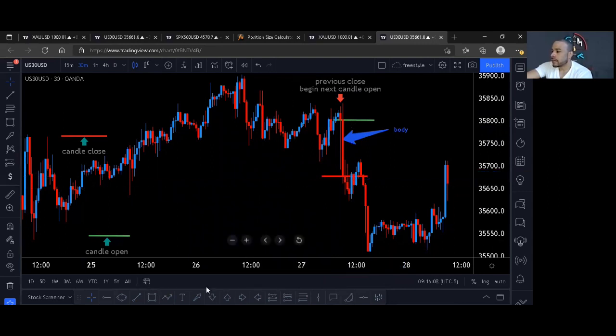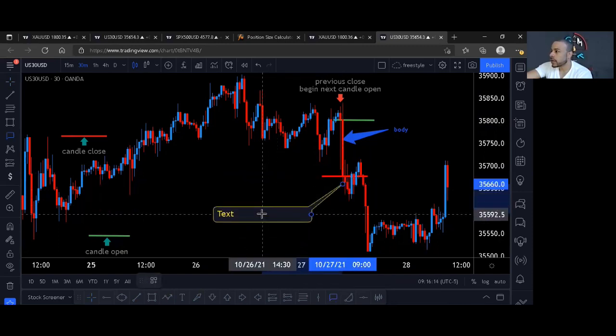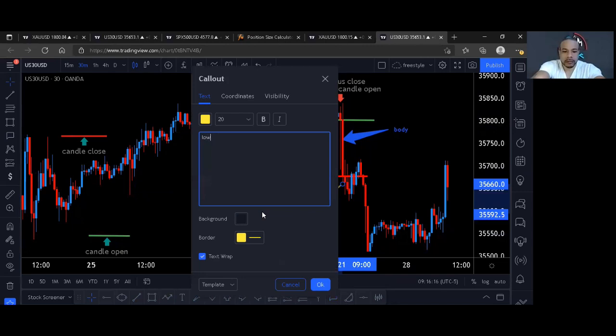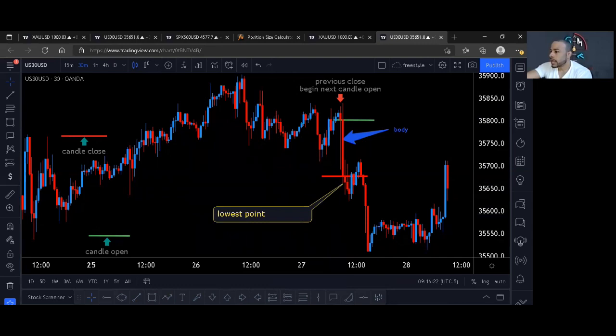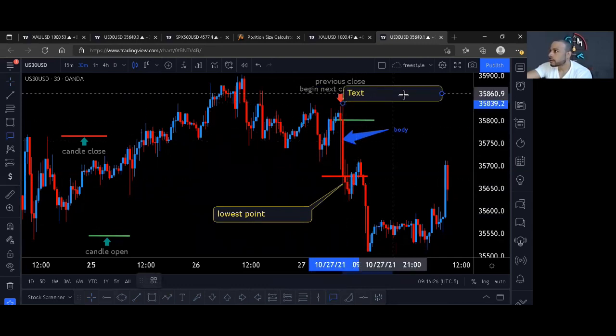And then we have the lowest point of the candle right here, and the highest point of the candle right here.